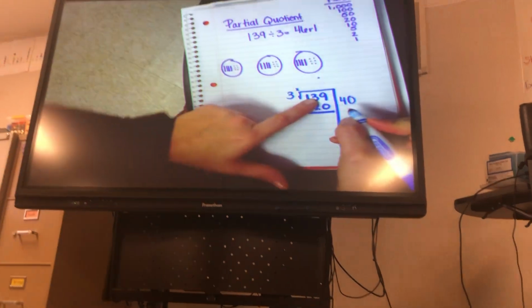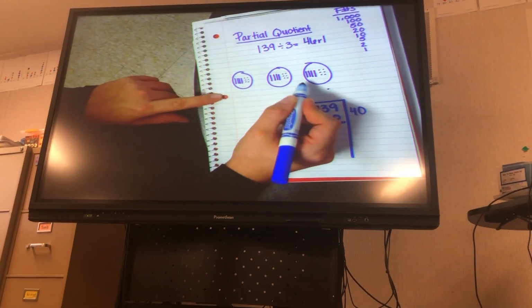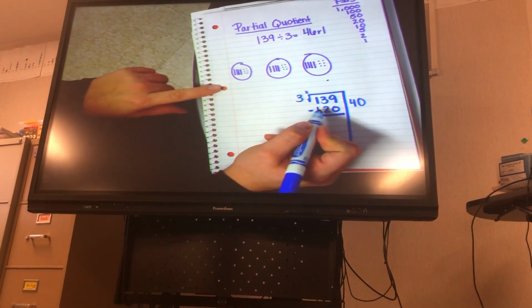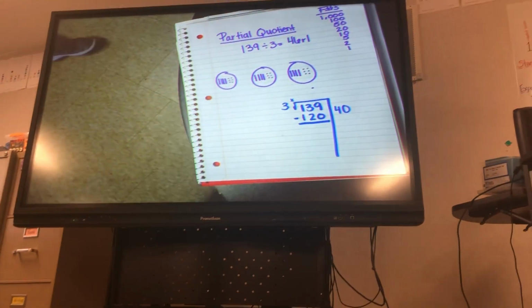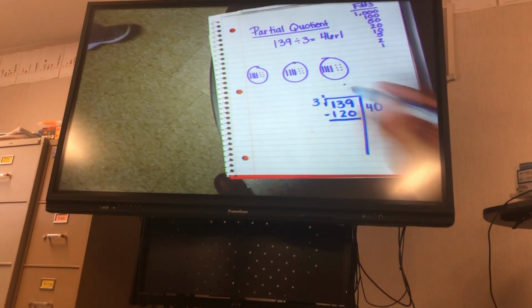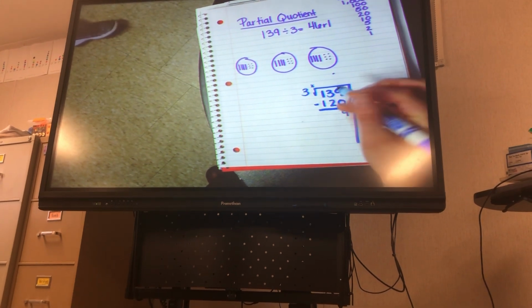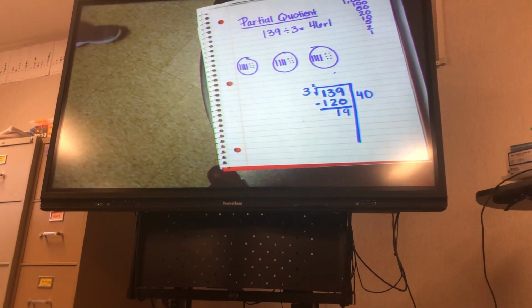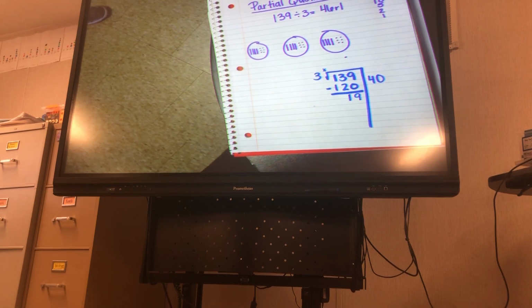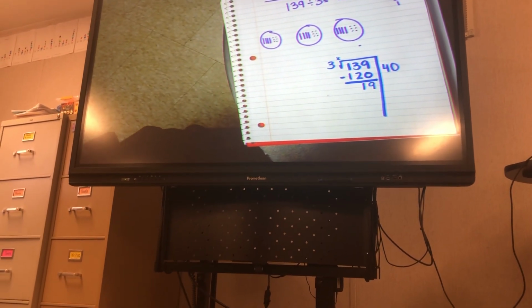I had 139 pieces. I gave out 40, 40, and 40 makes 120. How many pieces are left after I give those out? 9 minus 0 is 9. 3 minus 2 is 1. I have 19 left.